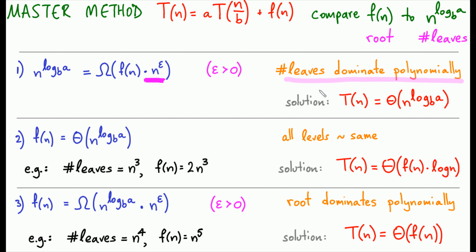For this one, if the leaves are dominating, it's basically vice versa. So if the leaves are dominating, f(n) must be something closer to the lower bound, right? You can represent it with omega notation, times n to the power of epsilon again, which is very negligible.